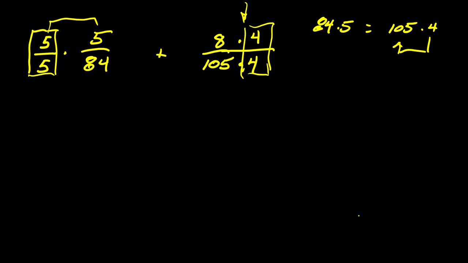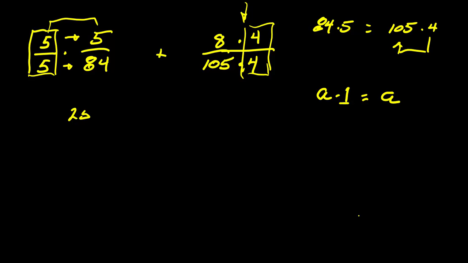Remember, this is called the multiplicative identity. Any number times 1 equals the same number. So at the end of the day, once I make this multiplication, it's the same value, it just looks different. 5 times 5, remember to multiply fractions, we multiply straight across.